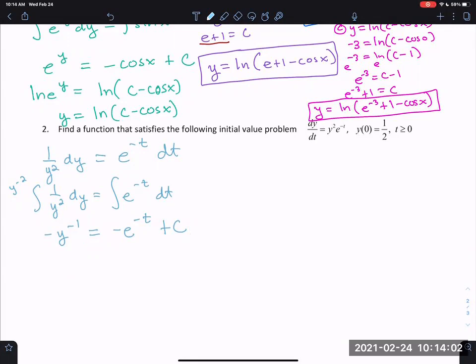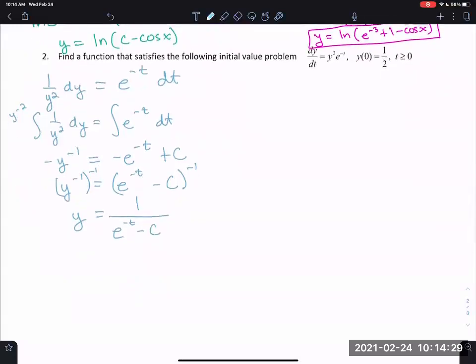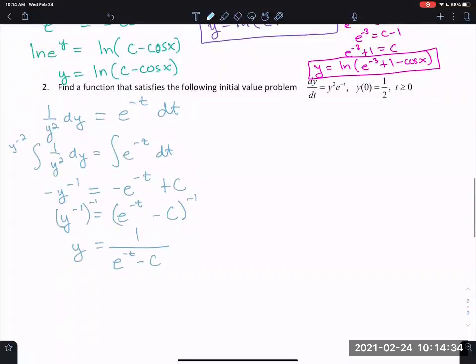If I were to multiply through by negative to make it positive y to the negative 1, does everybody agree with that? A little bit nicer, and then raise everything to the negative 1. How's that? Okay, so that's my y equals. As not pretty as it is, it doesn't matter.